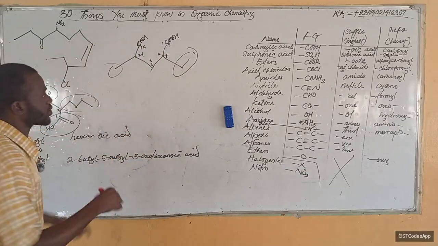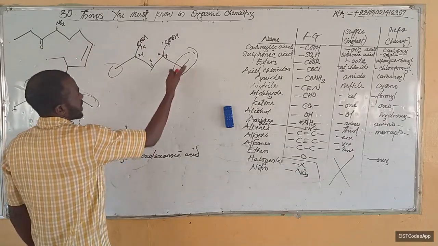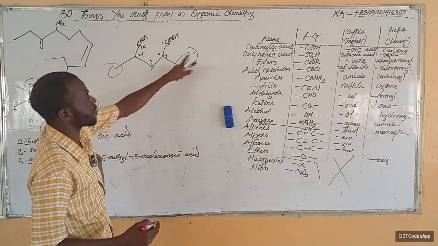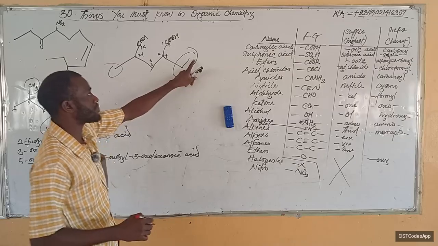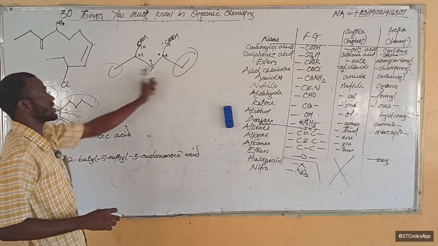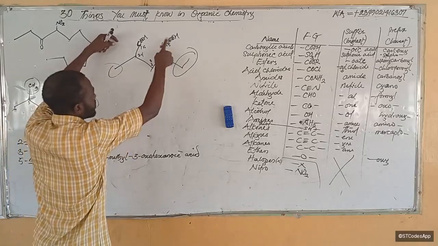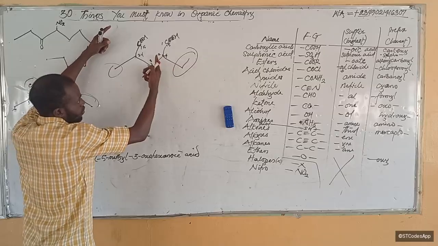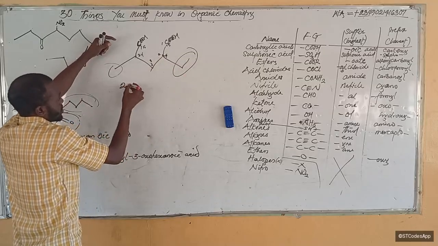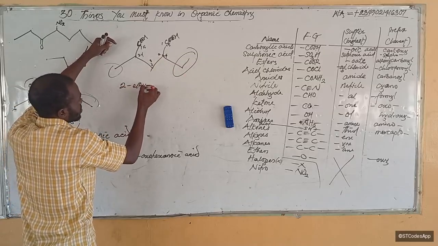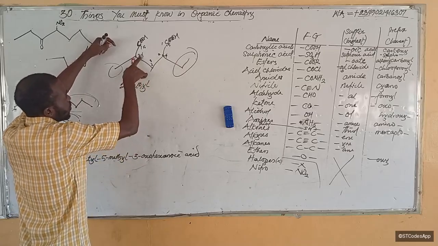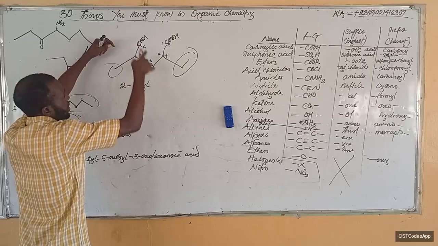So which direction is going to give this guy the lowest number? Now this one is a bigger group, so I'm going to give it a higher priority. So this is the best direction to number in. So this is 2-ethyl. Then the next one will be 4-methyl, because we are using this numbering system.